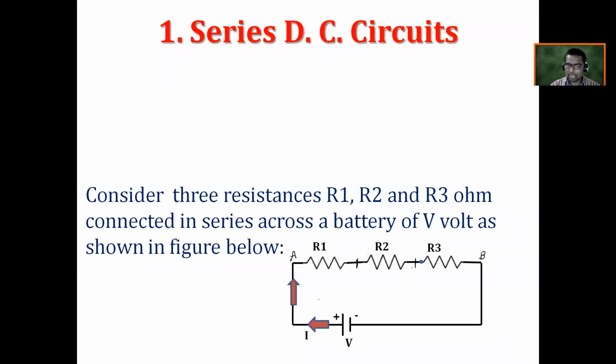And when current I flows through resistance R1, according to Ohm's law, voltage is developed across that resistor. The voltage across resistor R1, we call it V1.